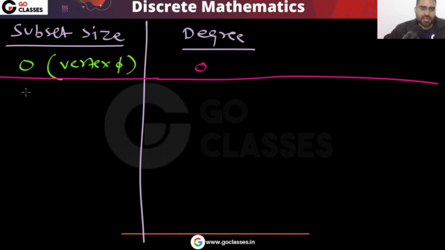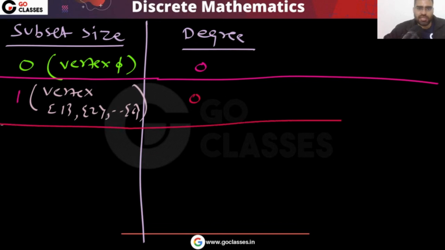Correct? There is nothing here. If your subset size is 1, the vertices are like vertex 1, vertex 2, and so on up to vertex 6. So they also have degree 0. Nothing to worry about. Now you tell me, if you have a size 2 vertex, consider any vertex, they are symmetric, right?